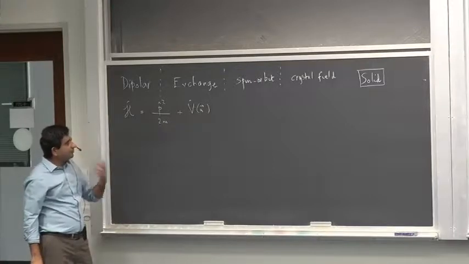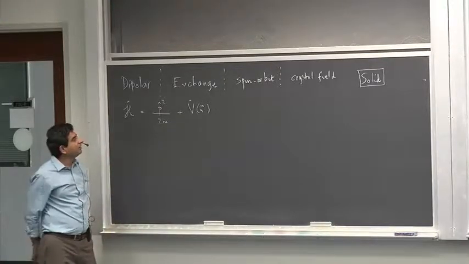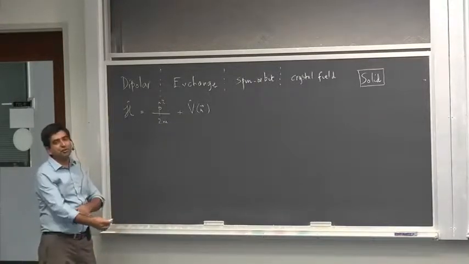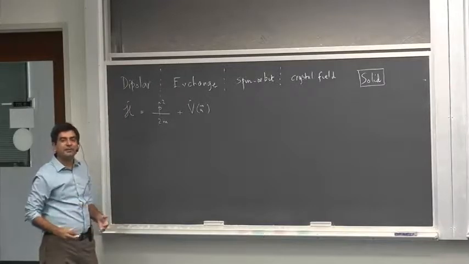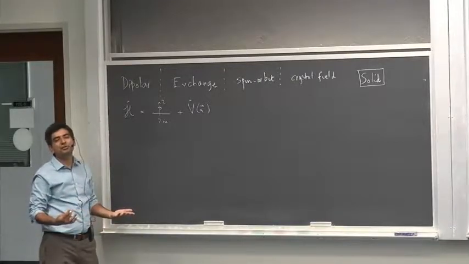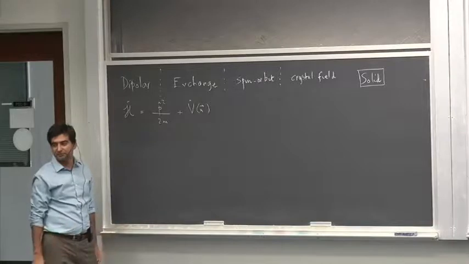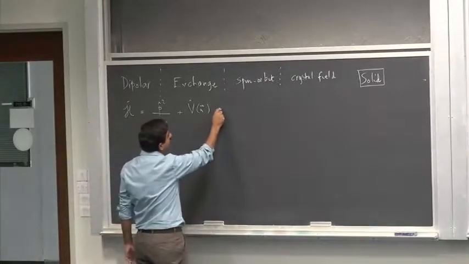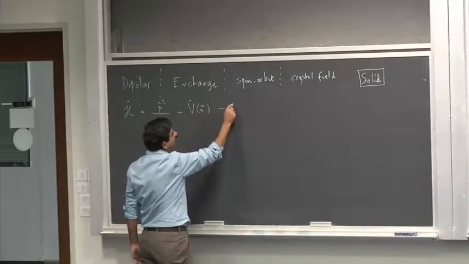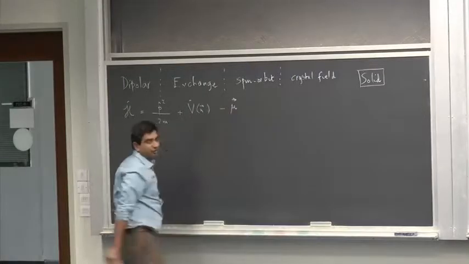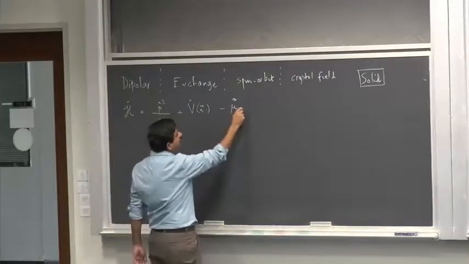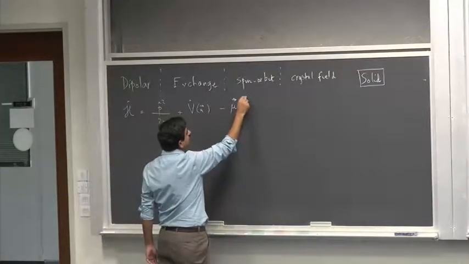Now we might even have the interaction of the spin of that electron with some external imposed magnetic field, which means that we could have a term of this kind, the magnetic moment of the electron interacting with an external field.